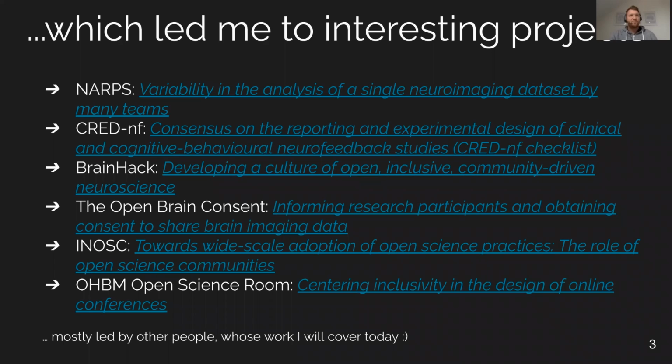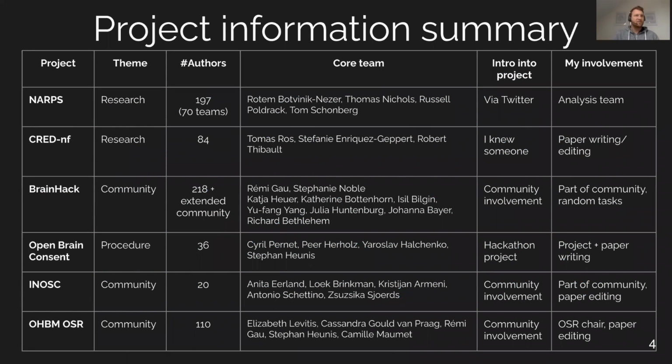There's a few that I will explain here. You have this NARPS project, which is research into the variability of neuroimaging pipelines. 197 authors. There's another second aspect, which is also research driven.